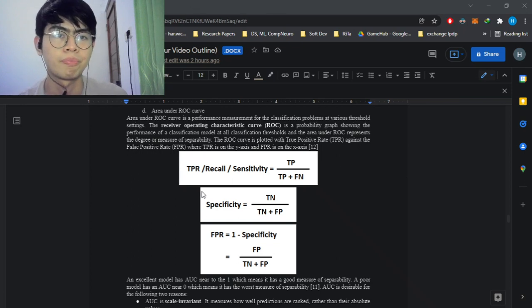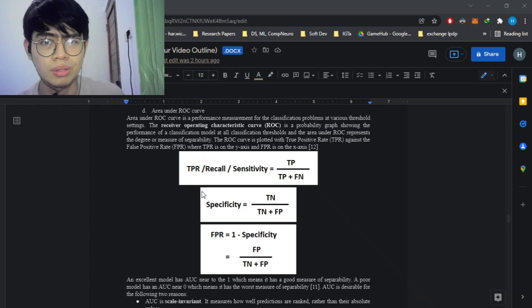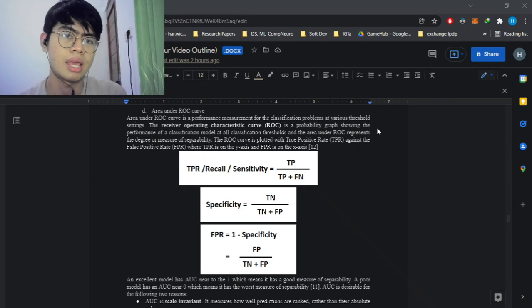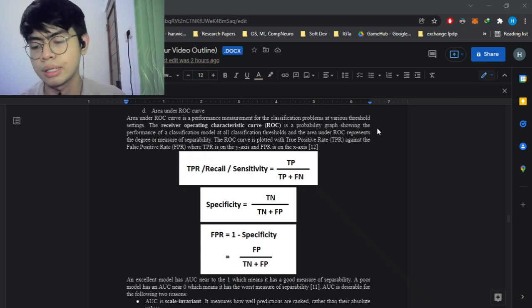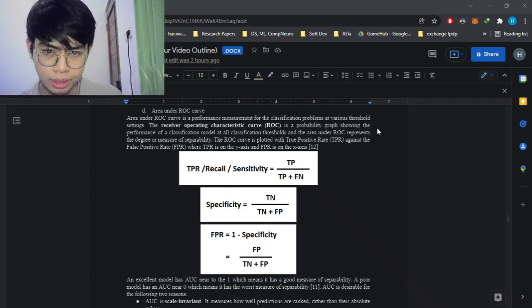We would like to find something that can capture as many true results as possible, so that actual positives are correctly classified. Now, to calculate the false positive rate, first we have to understand specificity, which is true negative over true negative plus false positive.